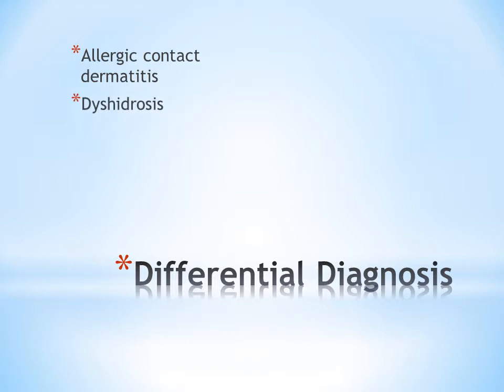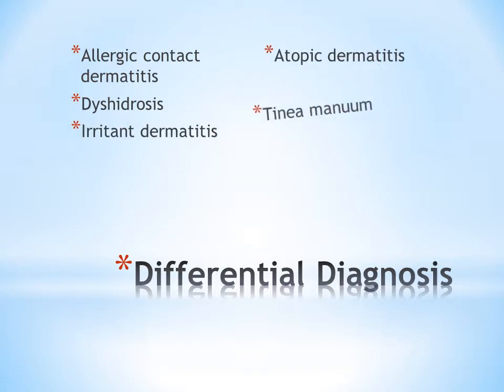Dyshidrosis, which is a form of eczema that causes blistering on the sides of the fingers, okay, and on the feet also, right? And we have irritant dermatitis, atopic dermatitis, and tinea manuum. Now, tinea manuum is a fungus that affects the hands.